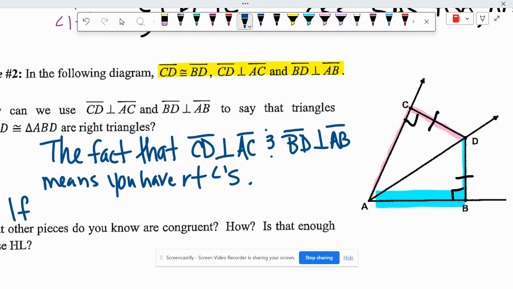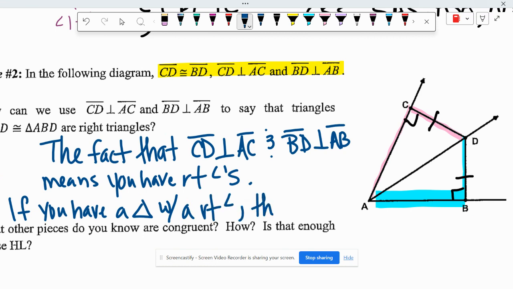True. If you have a triangle with a right angle, then the triangle is what? If you have a right angle inside of your triangle, then what kind of a triangle is that? Then the triangle is a right triangle.